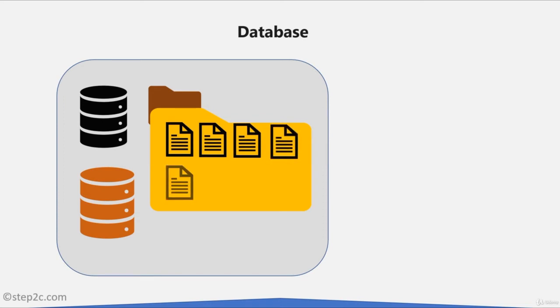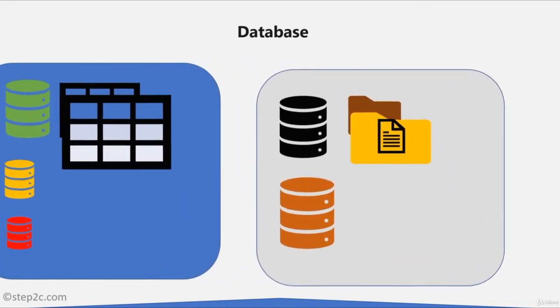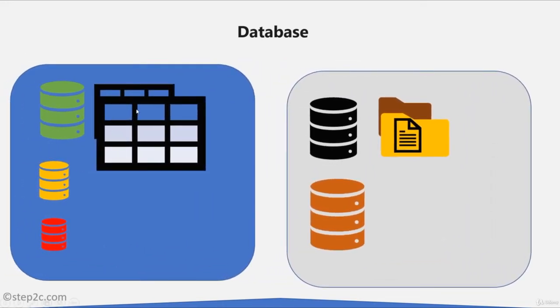So you could save records as different documents in your database, and you don't need to specify the schema while defining the container. Within the document itself, you could specify what kind of data you are going to store. So in a relational database, we define the schema within the table, and in a NoSQL database, you could store data as different documents within your container. So we need to create a database and container in our Cosmos DB account to store data.